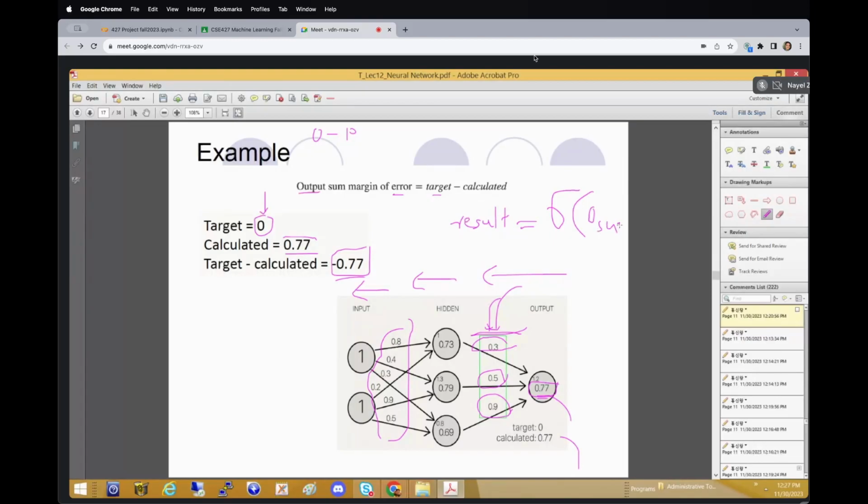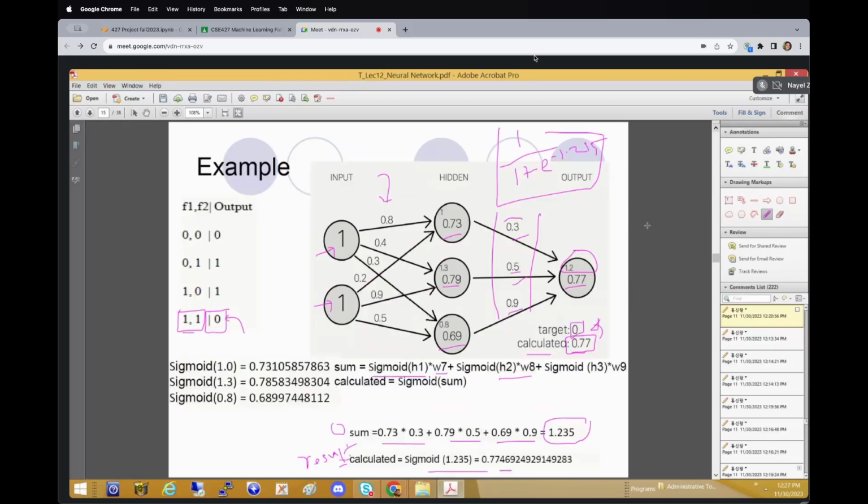If we remember, here is the output sum, and to find the result we take the sigmoid of the output sum values. So we should start from here.